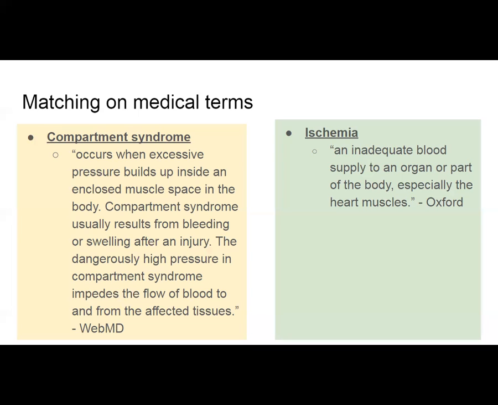Ischemia just has to do with inadequate blood supply. Compartment syndrome typically has to do with high pressure, and usually some injury, some swelling or bleeding. There's also impeding of blood flow both to and from the tissue, whereas ischemia is inadequate blood supply to the tissue.